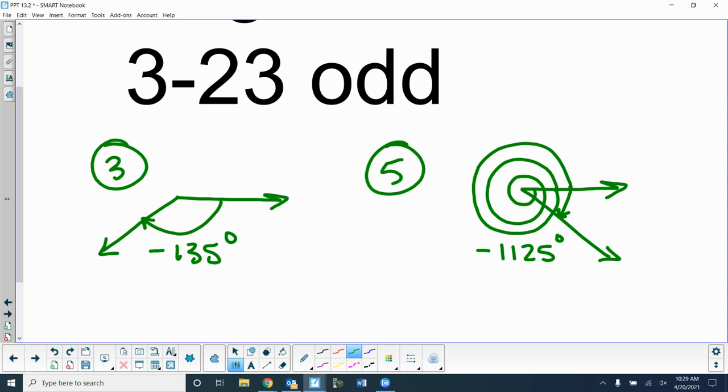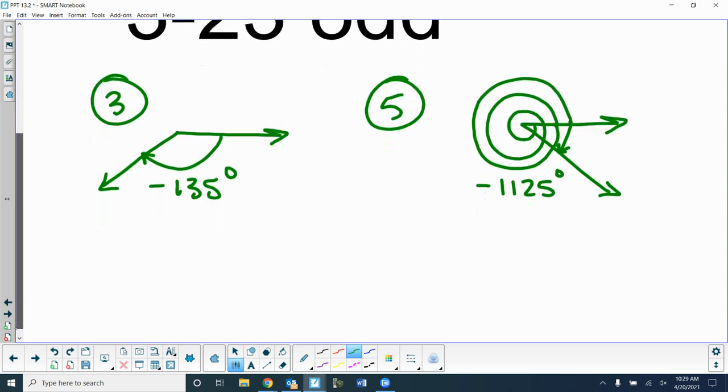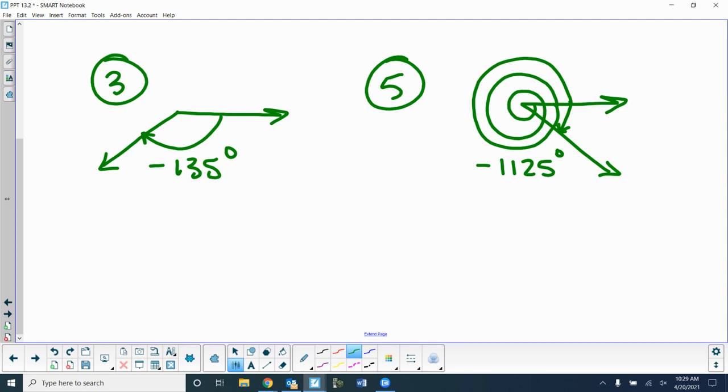11. No. You have 110 also? Plus 360. I got it with 110. No, but that's not what we're doing. We're looking for the reference angle. Okay? Not a negative. It's always positive.